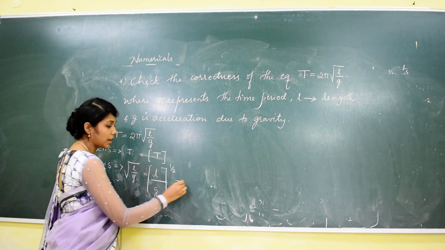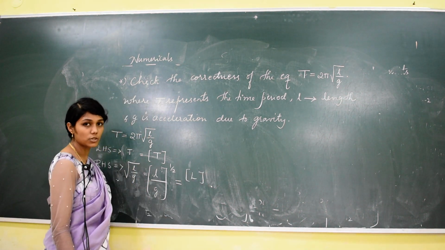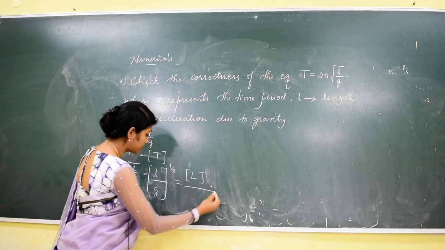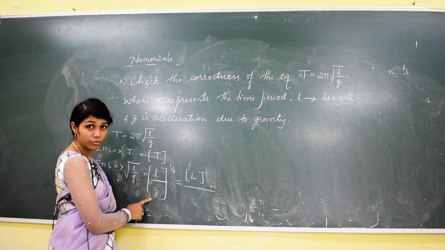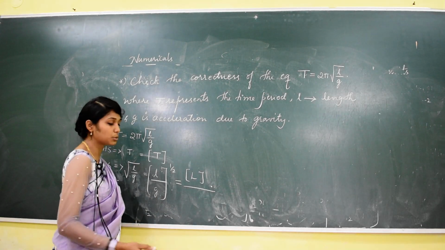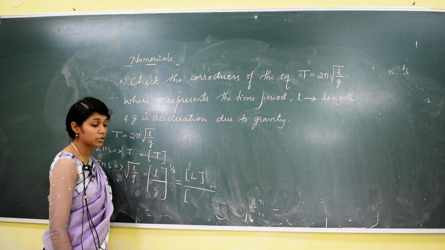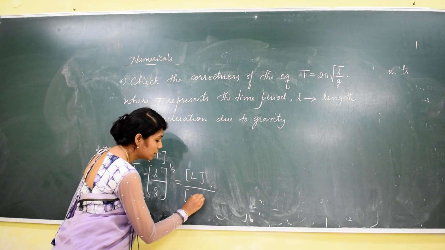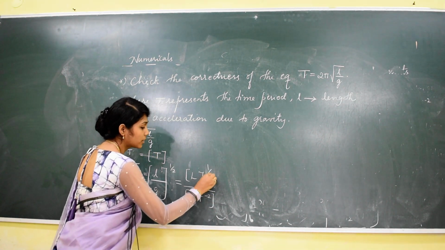So here I have to write the dimensions of length, which is just L, divided by the dimensions of acceleration due to gravity. Acceleration or acceleration due to gravity, both have the same dimensional formula, that is L T to the power minus 2, all to the power half.